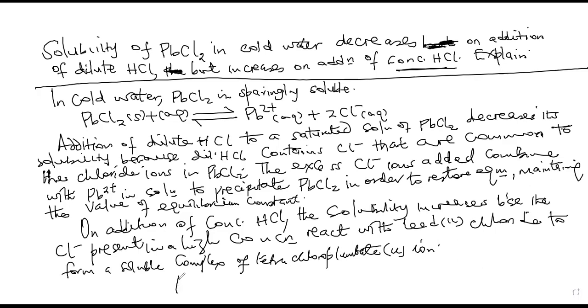The equation: PbCl2 solid reacting with the excess chloride ions to form PbCl4 2 minus aqueous. So this is how it works.